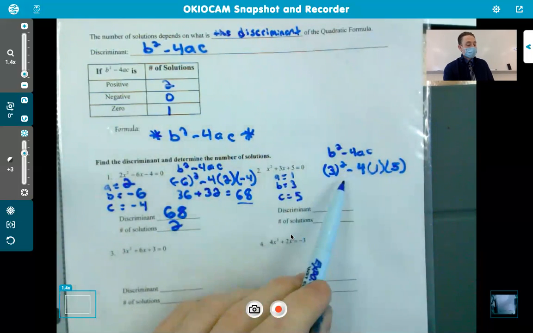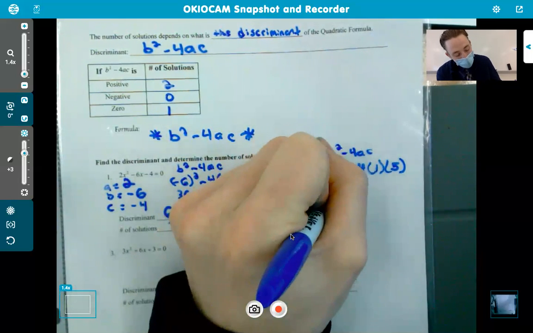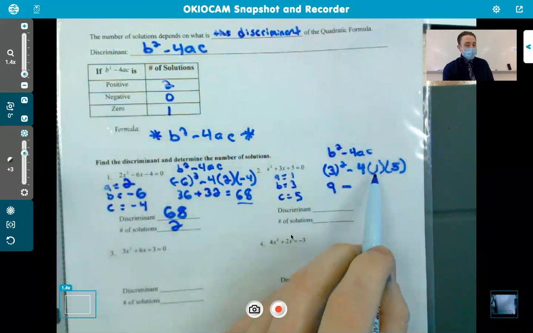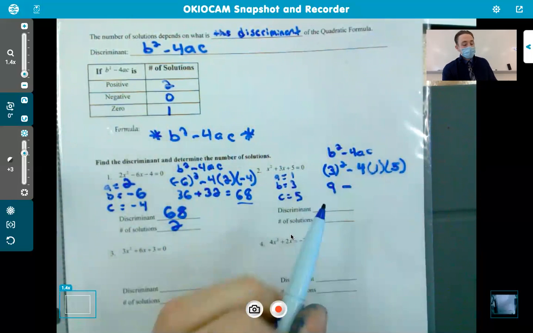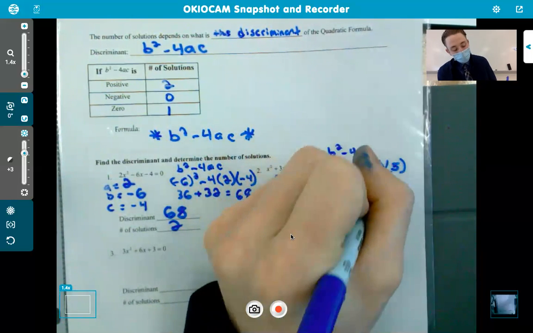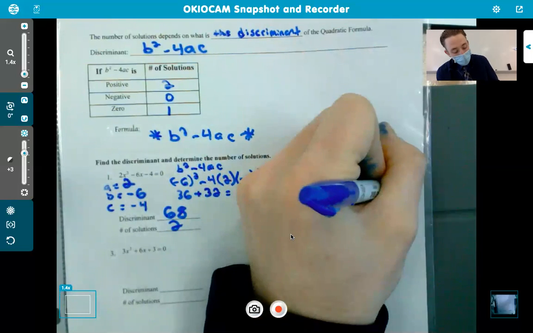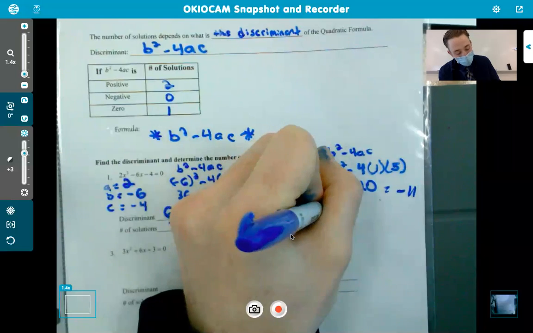So 3 squared minus 4 times 1 times 5. Well, 3 squared gives me 9. -4 times 1 gives me -4. And -4 times 5 gives me what? Negative 20. Good. 9 minus 20 gives me -11. So this number here is my discriminant.